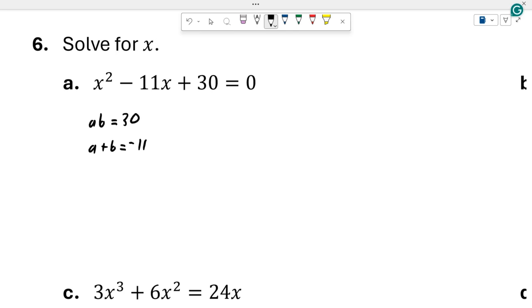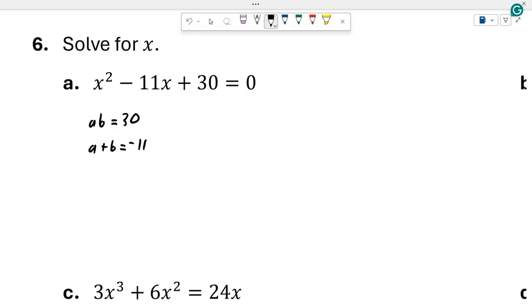Well, let's think about what that means for a second. If you multiply two numbers and the result is positive, because it's positive 30, it means one of two things. Either the two numbers are both positive, because a positive times a positive is a positive, or both numbers are negative, because a negative times a negative is also a positive, right?